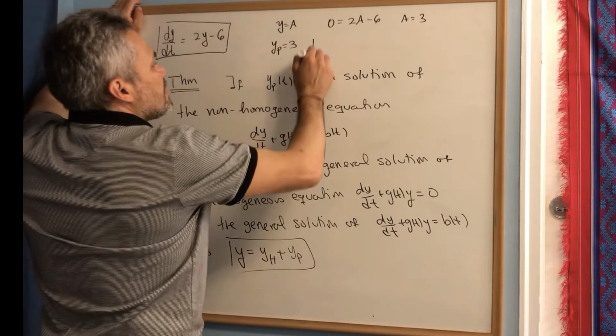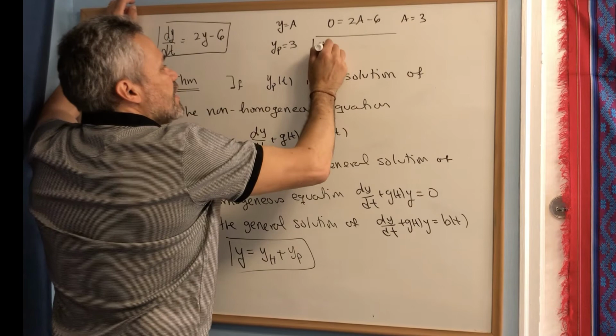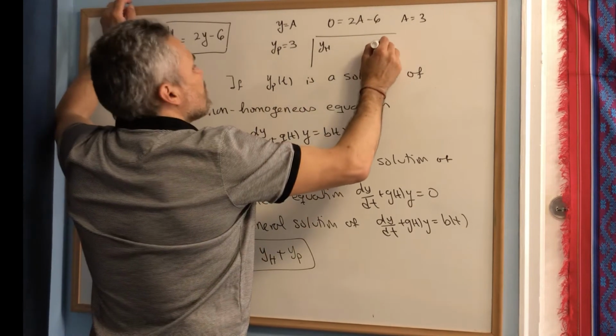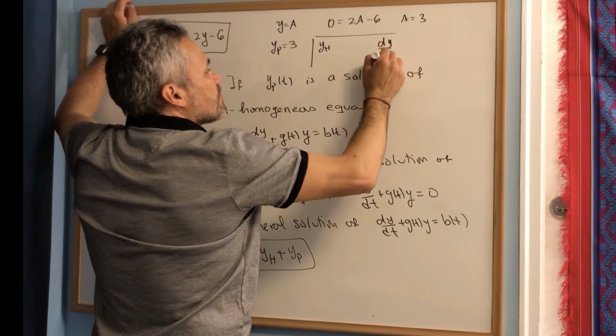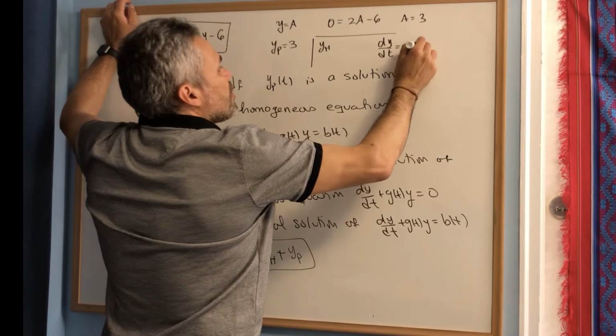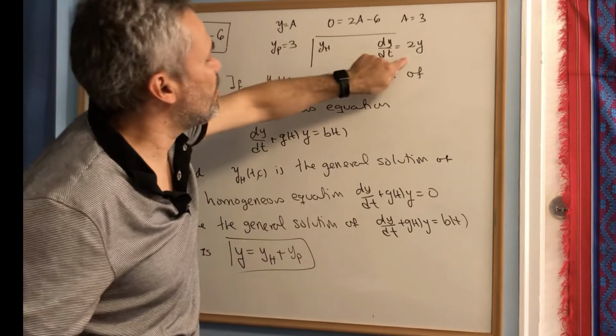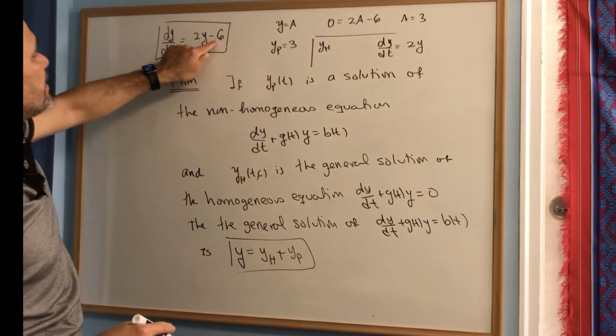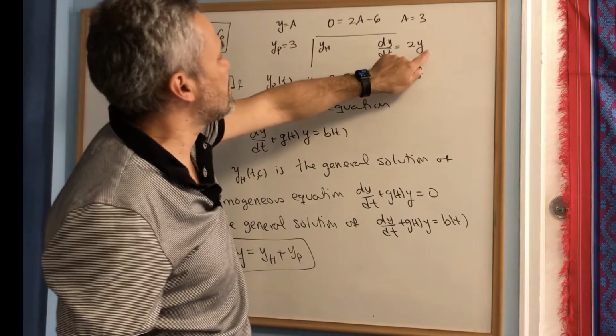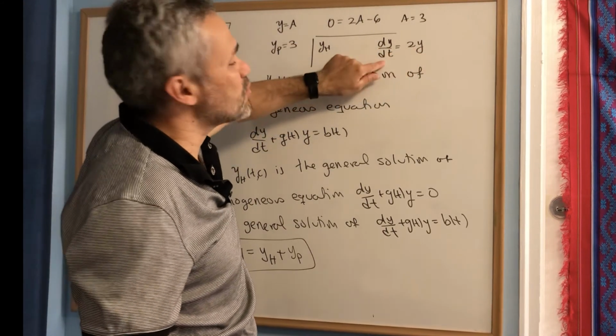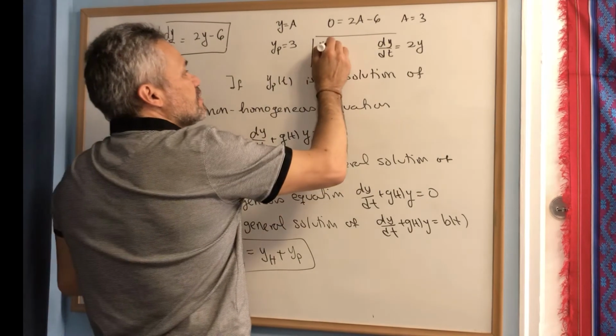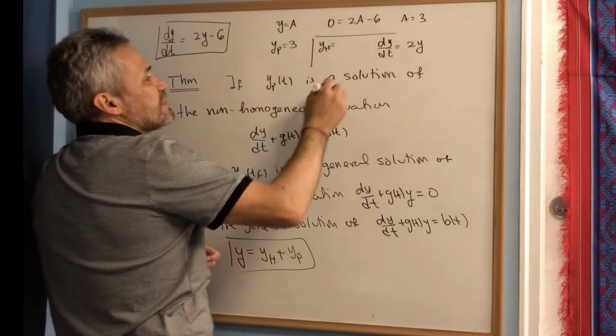Then let's see how to find y_h. We have to think about this differential equation, dy/dt equals 2y. You see, they are different. What's the difference? That I made the non-homogeneous part equal 0. Do we know the general solution of this? We have seen this before.